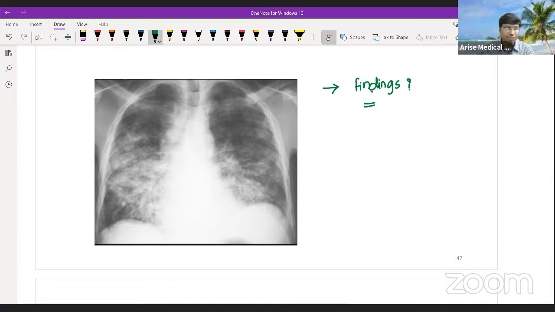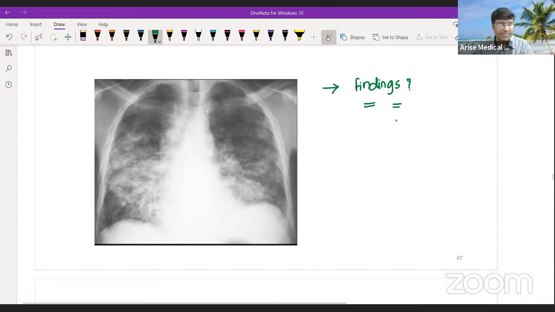Yeah, Rajkumar, if it is an air-filled sac, on percussion you will have a hyper-resonant note. Okay, right. Now, please tell me what are the findings in this particular chest X-ray?